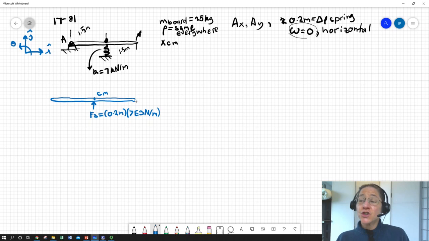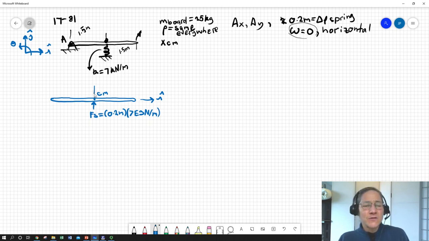The diver jumped off the board. He or she just jumped off, so there's no diver weight on the end of the board. They're gone now. I know that the board is aligned in the I hat direction. That's also going to be important. Let's see, the board does weigh something. It doesn't weigh much, but it does weigh something.